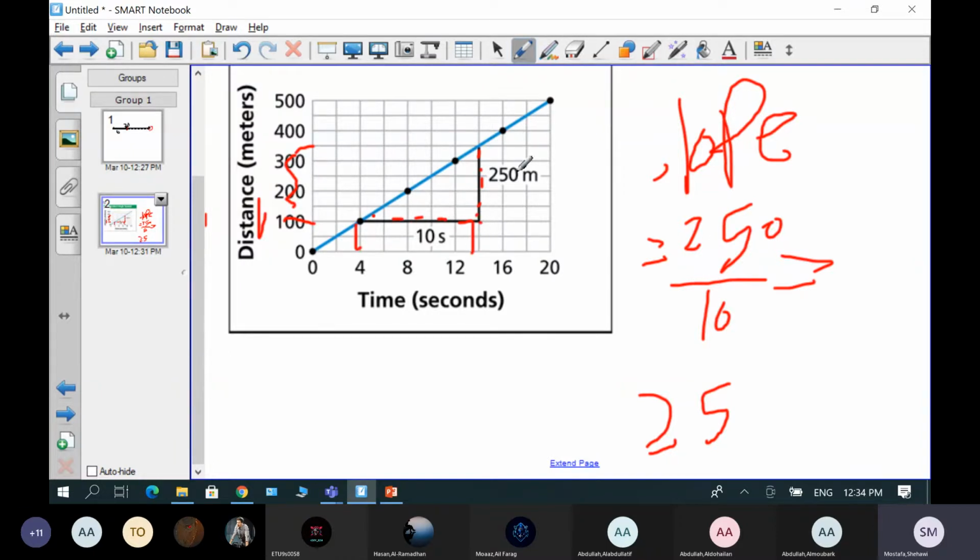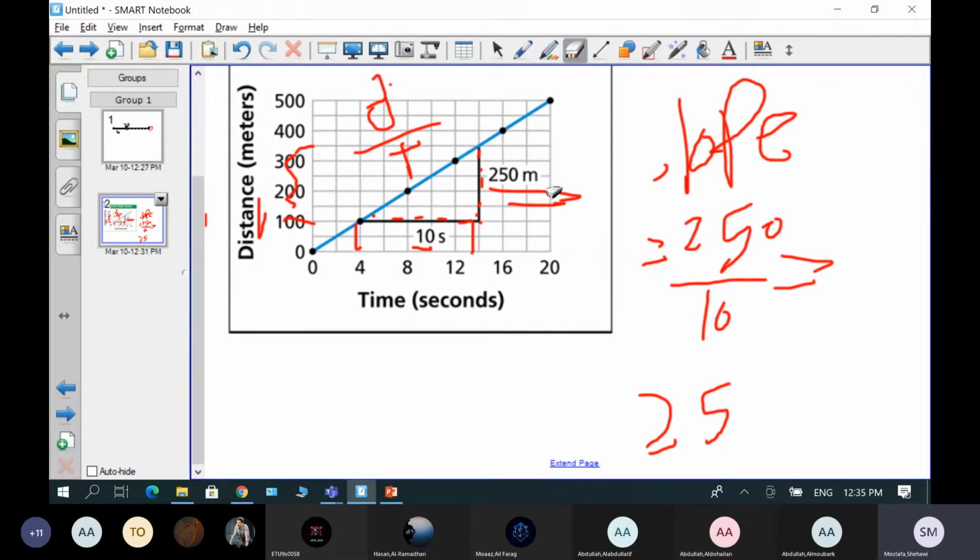Delta T. So when we divide rise over run, we are dividing a distance over time. That's why the slope equals speed. If you calculate slope, rise over run, or delta y over delta x, we are calculating distance over time, because the y-axis represents distance, while this one represents time.